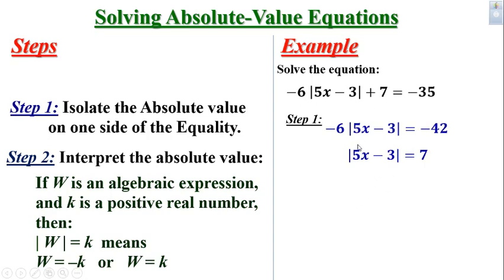That means either this number inside the absolute value is 7 or it's negative 7, because those are the two real numbers that are 7 units away from 0.